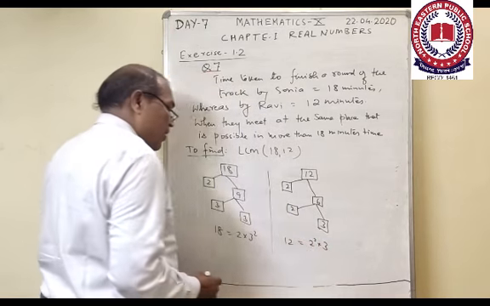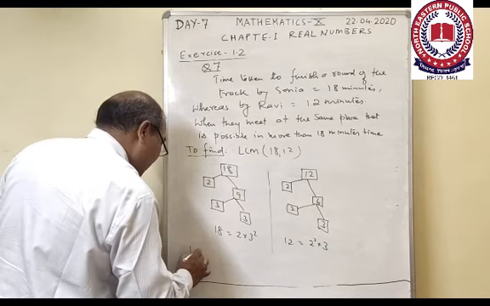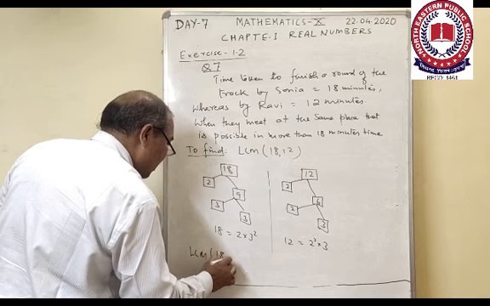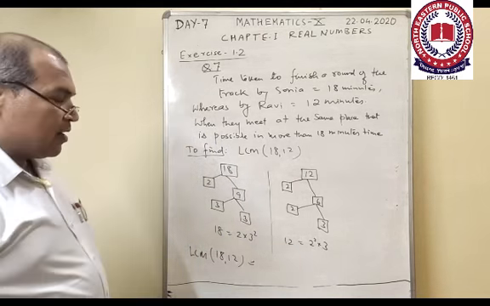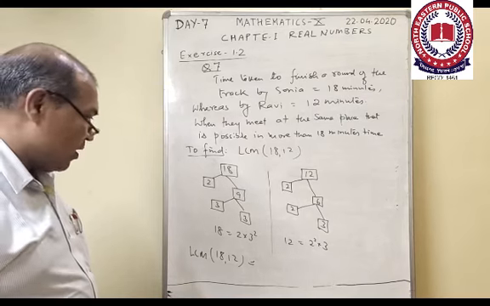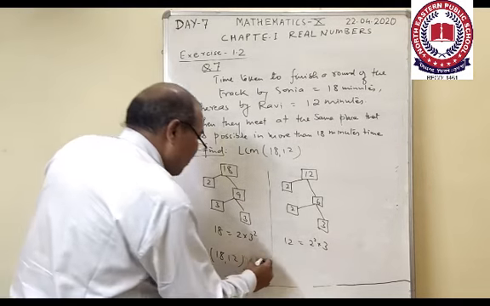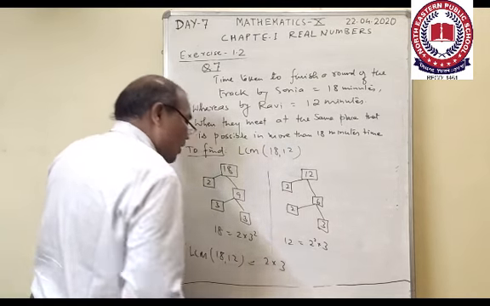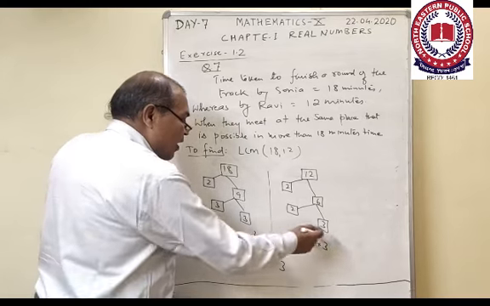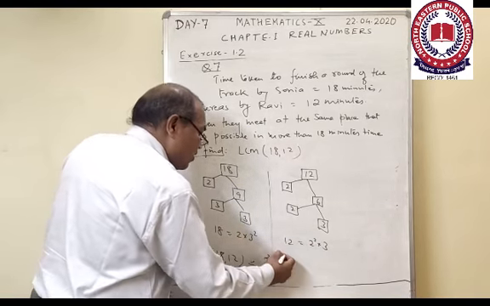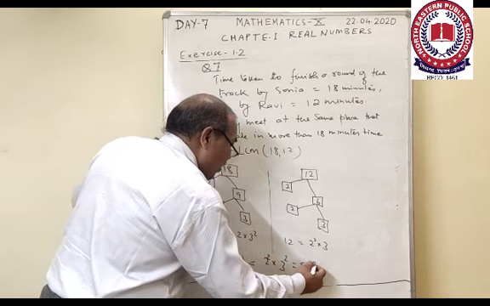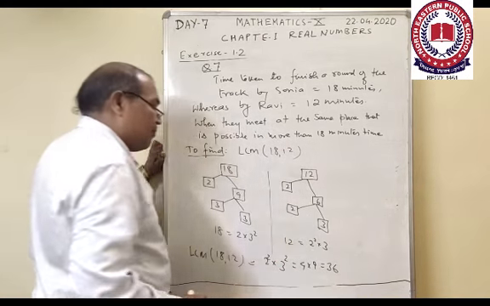square into 3. Now the LCM of 18 and 12 is the product of all prime factors. So the prime factors are 2 and 3 only for these numbers. So it will be 2 into 3. What is the highest power of 2 in any one of these factors? The highest power of 2 is 2 and the highest power of 3 is 2. So this will be 4 into 9, which means 36.